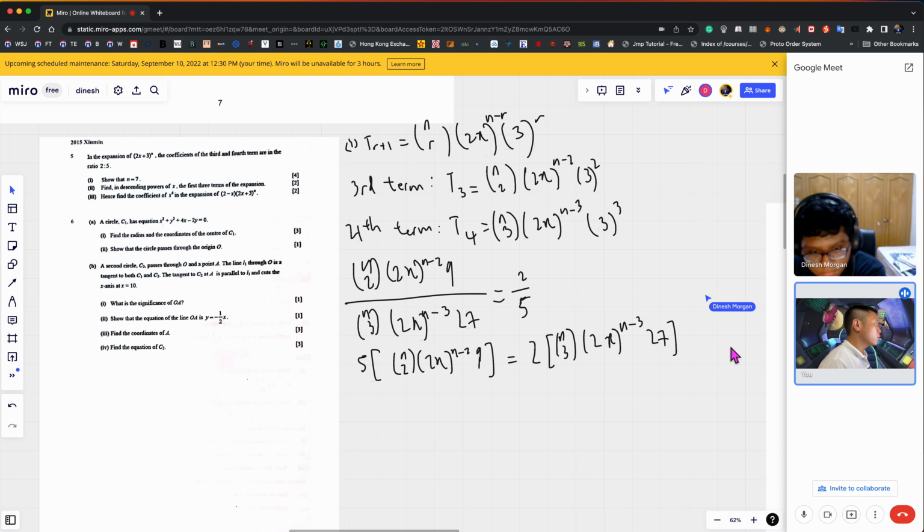Was it Zoom or face to face? It was face to face. Last time when we went to the tuition center. When was your last time? P6 with you also. That's okay. P6 too long ago. Oh my goodness. P6. Five years ago.